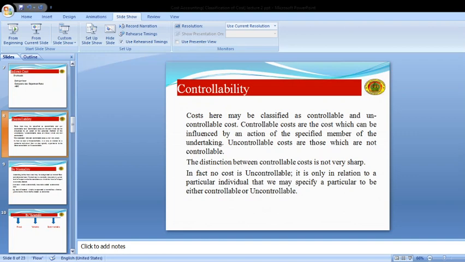So, identification of control becomes difficult.